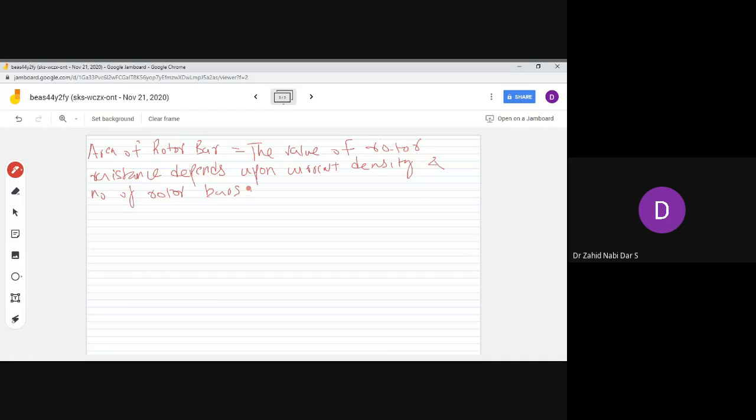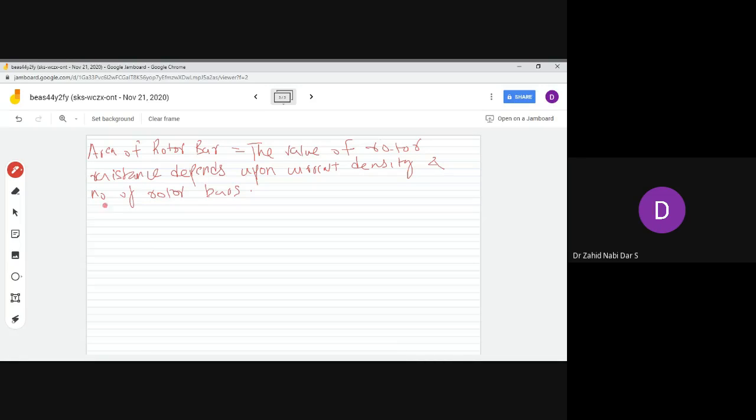So see here, basically what I mean to say is: what happens to the current density when the cross sectional area of the bar decreases? Suppose current density increases.